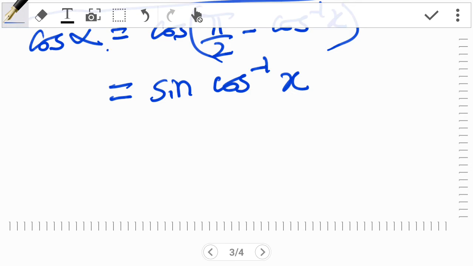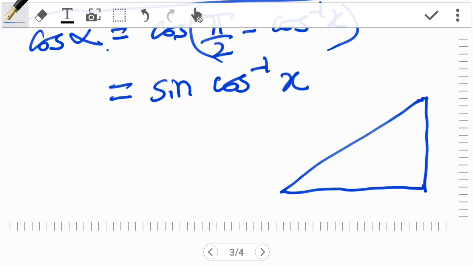We know that this is some angle whose cosine is x. So this is in a right angle triangle. This is some angle, say beta, the cosine of which is x. The cosine of beta is adjacent by hypotenuse. So adjacent by hypotenuse is x by 1, right? So the cosine of beta is x by 1.